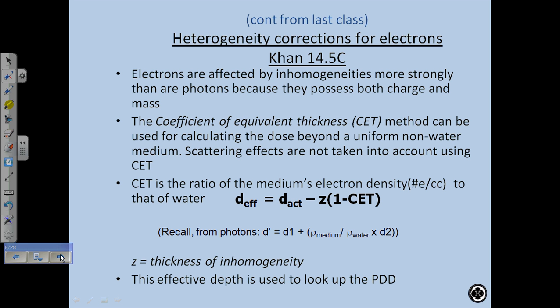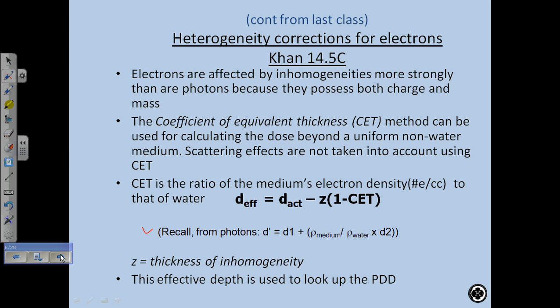This was similar to the photon calculation, recall d prime. It's not the same equation, but it's similar. Z is the thickness of an inhomogeneity, and CET is a density ratio.